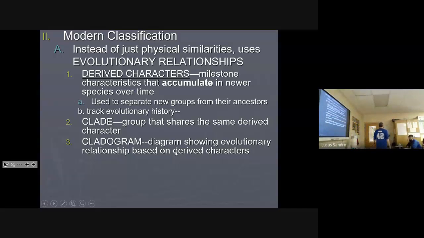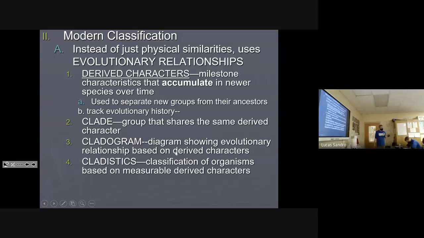That's a type of diagram you're about to start seeing a lot of. And the branch of taxonomy that deals with choosing derived characters and making these branching diagrams is called cladistics.